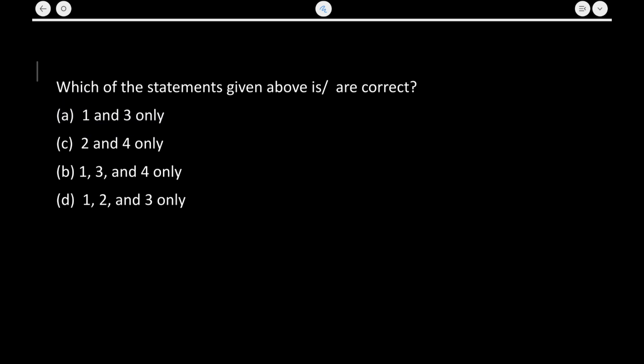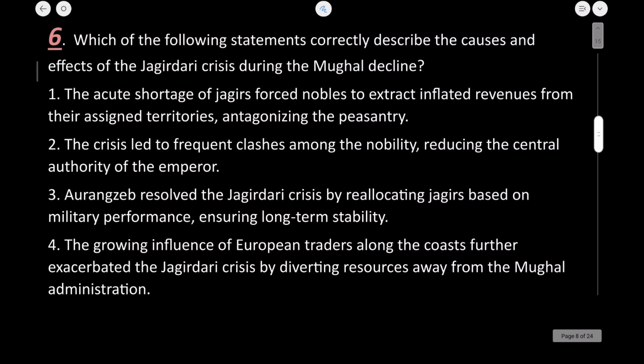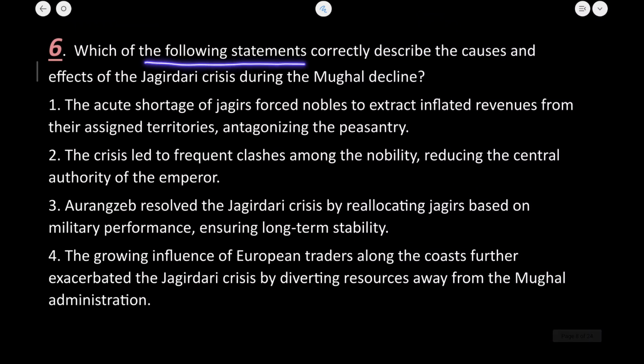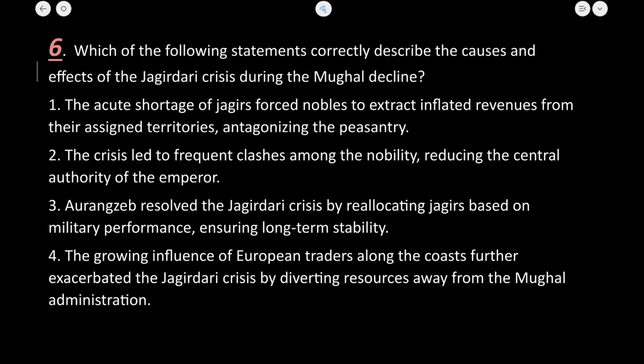Okay, let us now see the next question, that is question number 6. Which of the following statements correctly describe the causes and effects of the Jagirdari crisis during the Mughal decline? Now, the acute shortage of Jagirs. I've already told you about the Jagirdari system, that this was a type of revenue collection system.